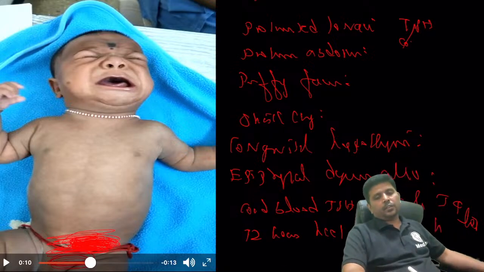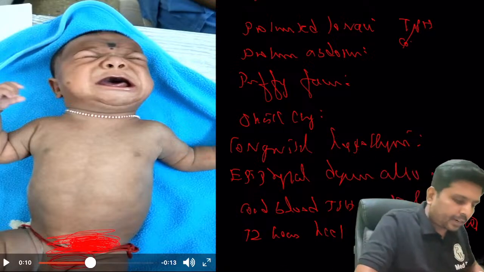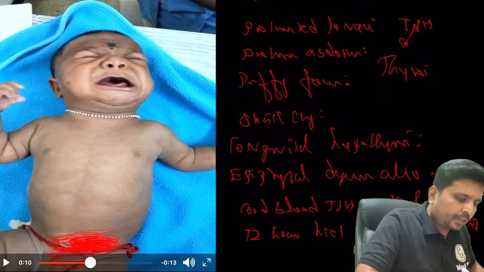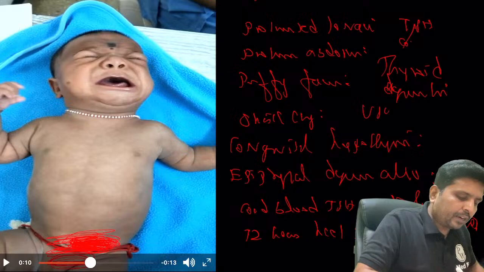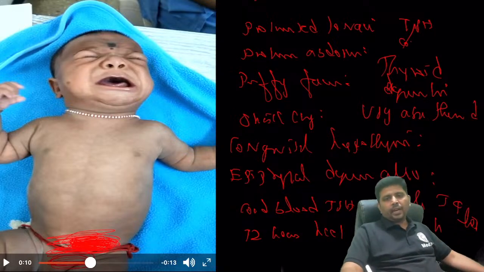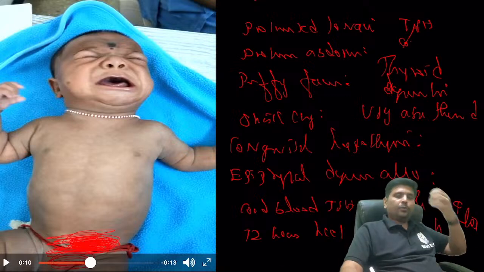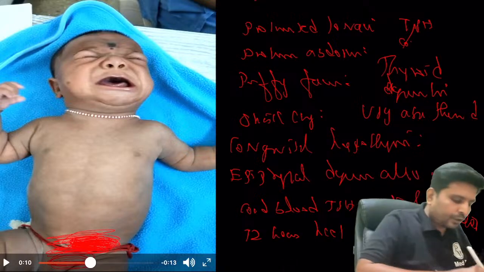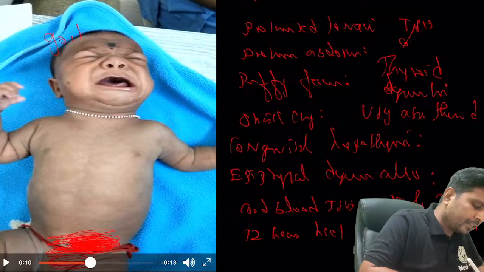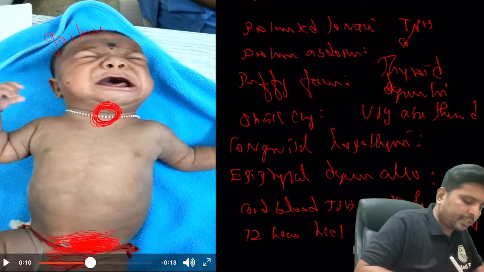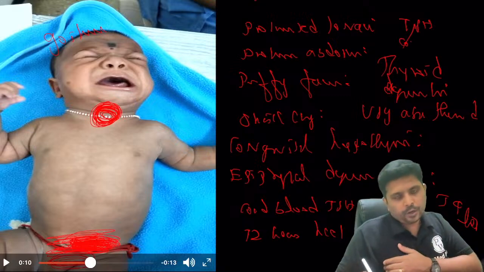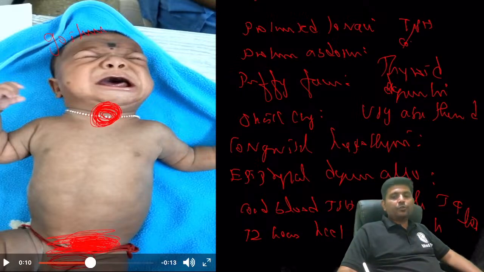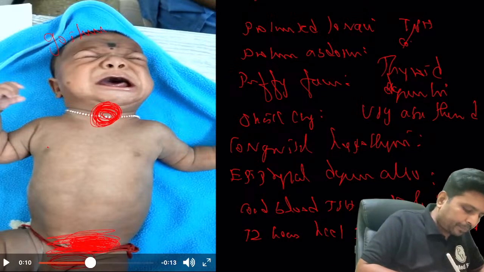Most common cause for congenital hypothyroidism is thyroid dysgenesis, in which USG will reveal absent thyroid. Where you will get goitrous hypothyroidism, they will give you a picture. What are all the conditions that can produce goitrous hypothyroidism?